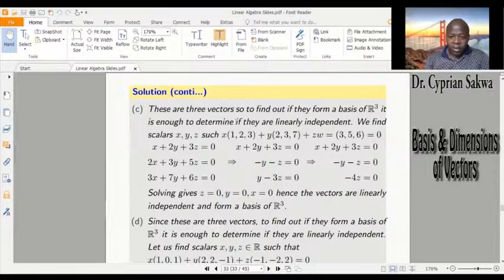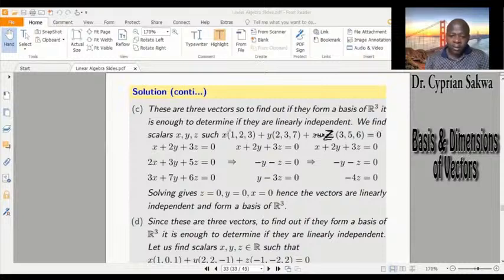So to find out whether they are linearly independent, we seek to see whether we can find scalars x, y, z, such that x multiplied by the first vector, plus y multiplied by the second vector, plus z multiplied by the third vector gives us 0.